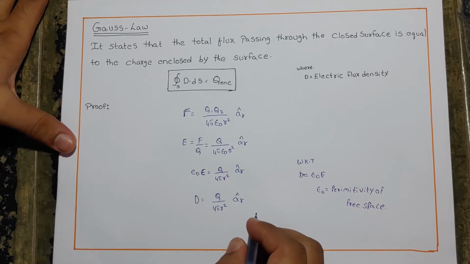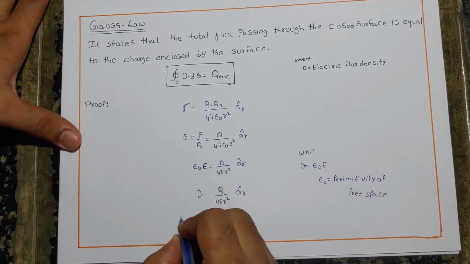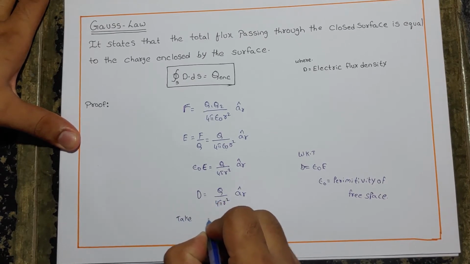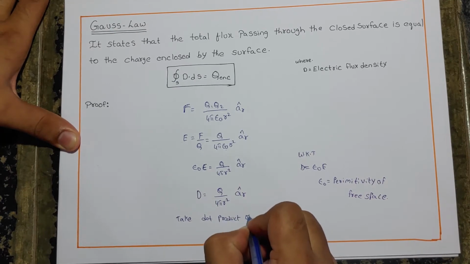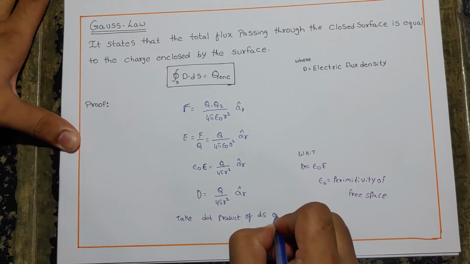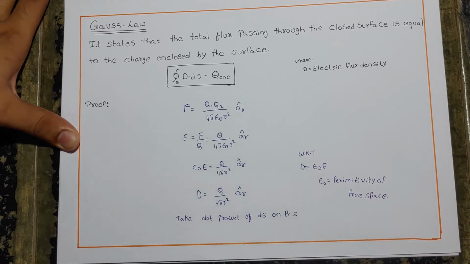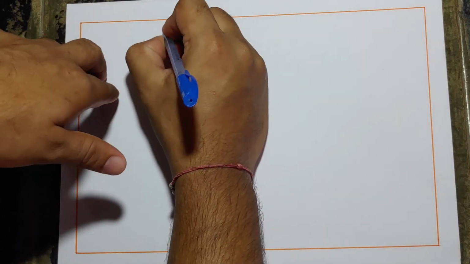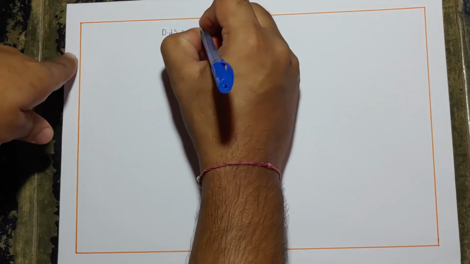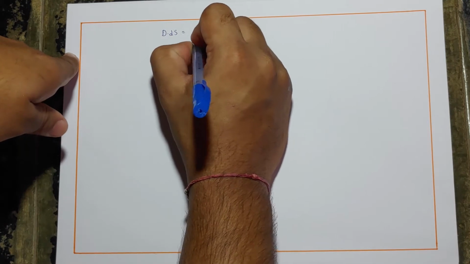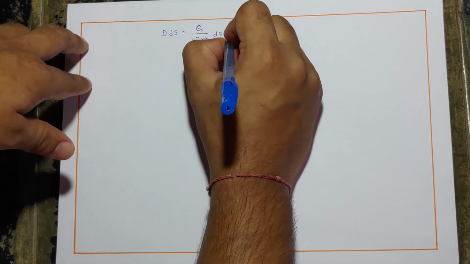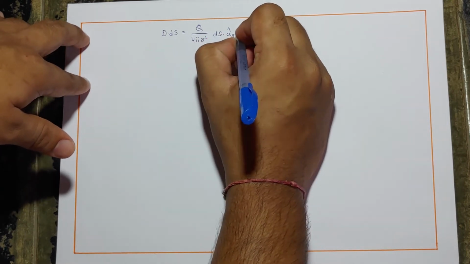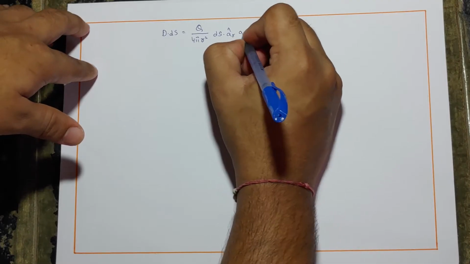Now let us take dot product with dS on both sides, that is D dot dS is equal to Q by 4 pi r square into dS into aR cap into aN, which is a unit vector.